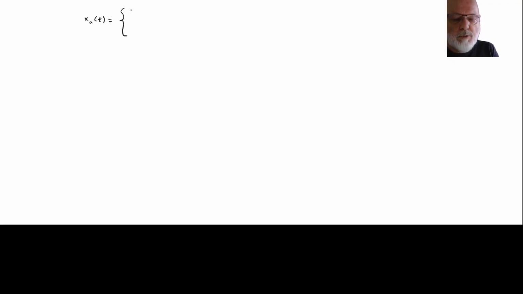It is equal to 1 over a for t between minus a over 2 and plus a over 2, and 0 otherwise. Okay, so this is a rectangular pulse signal with the following graph: xa of t.